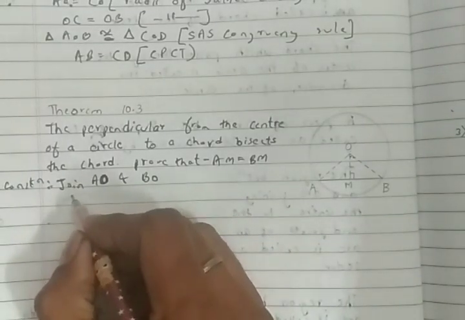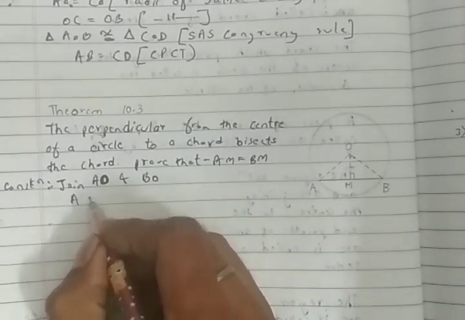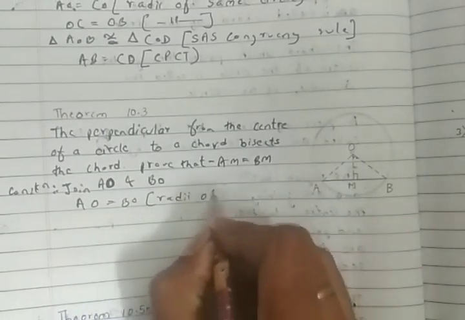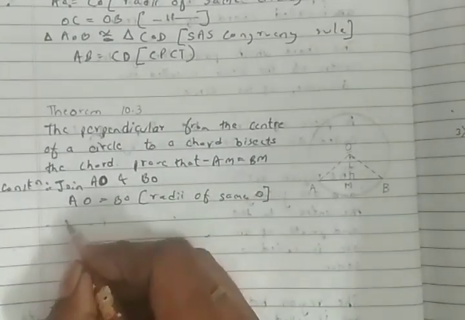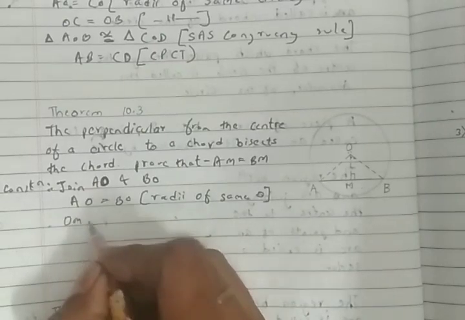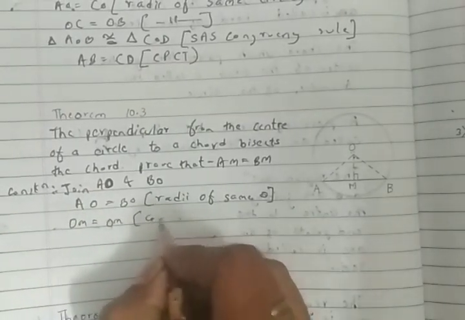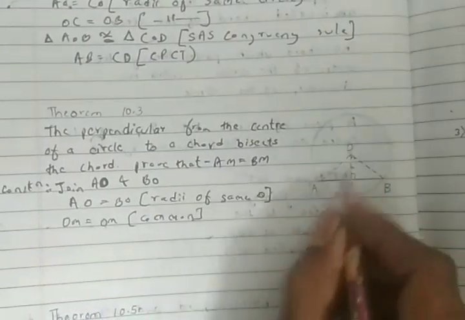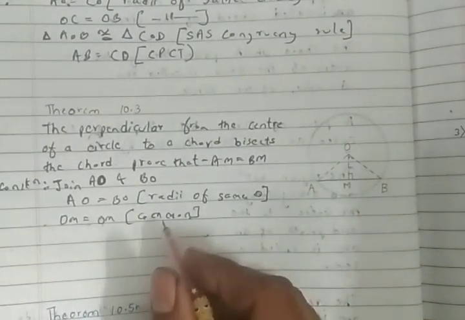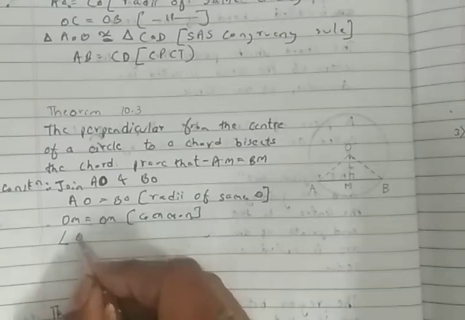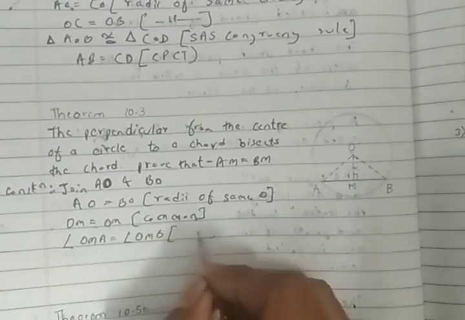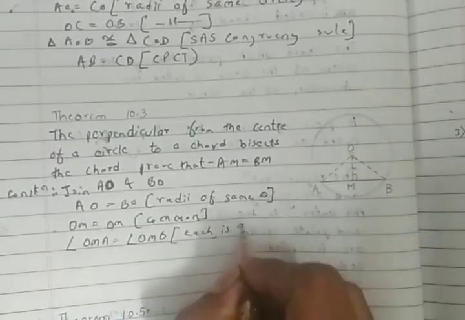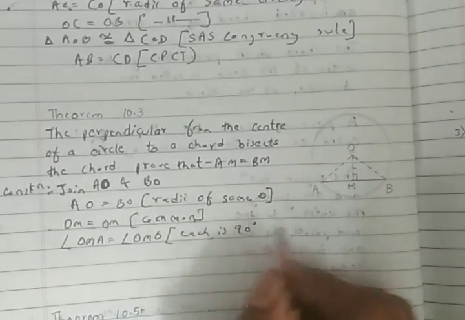Whatever information is given, we'll write it down. OA equal to OB because they are radii of same circle, and OM equal to OM, it is common for both the triangles. And angle OMA equal to angle OMB because each is 90 degrees.